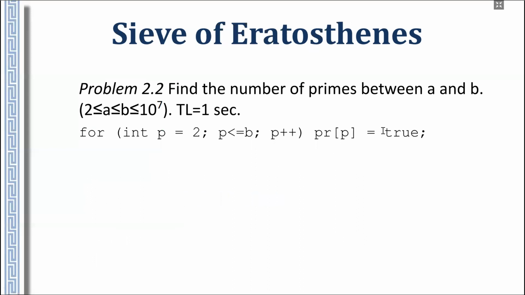So we obtain such code. Firstly, we assume that all numbers may be prime and mark them as true. But after that, we look at each number.